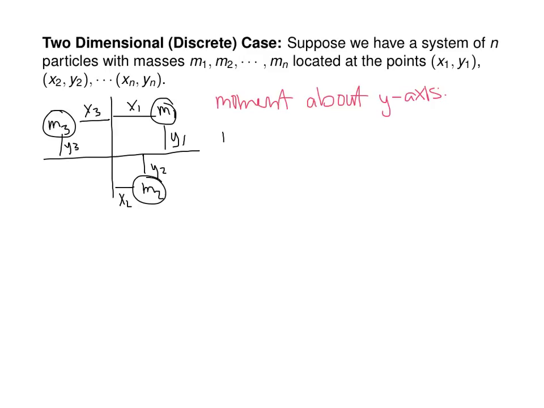So to find the moment about the y-axis, we use an argument similar to the previous one. The sum of the moments will be the sum from i equals 1 to n of mi xi. What that means is we're going to take m1x1 plus m2x2 all the way up to mnxn.